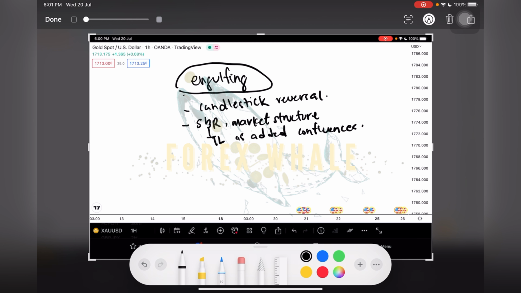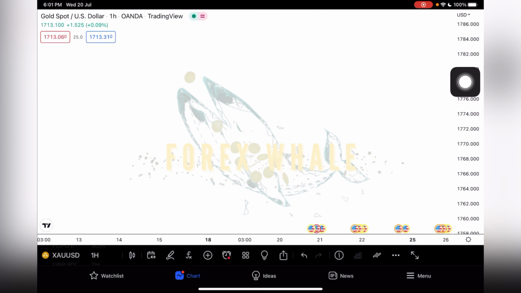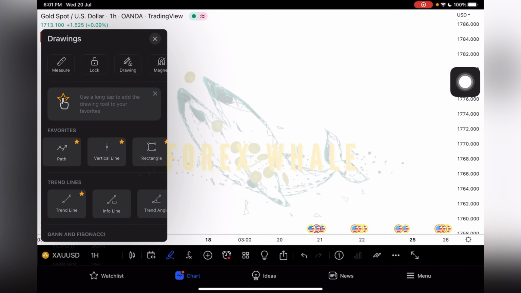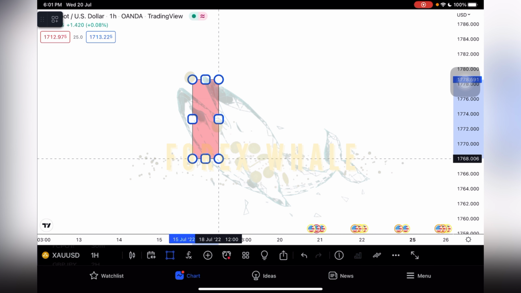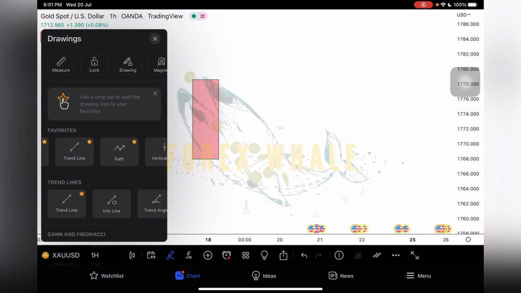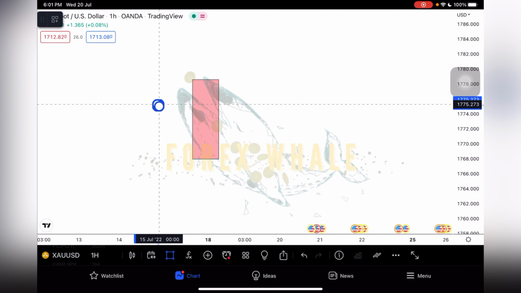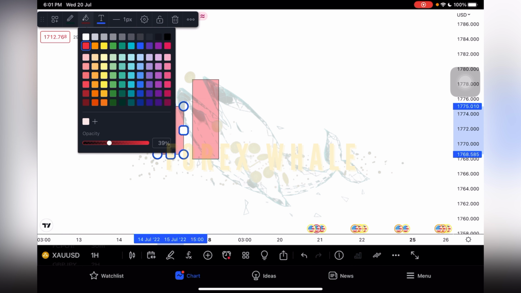First of all, I would like to show you the formation of an engulfing. So an engulfing would look something like this. Give me some time to draw this candlestick first. You'll see this, and then you will see another candlestick, and this one will be in green.